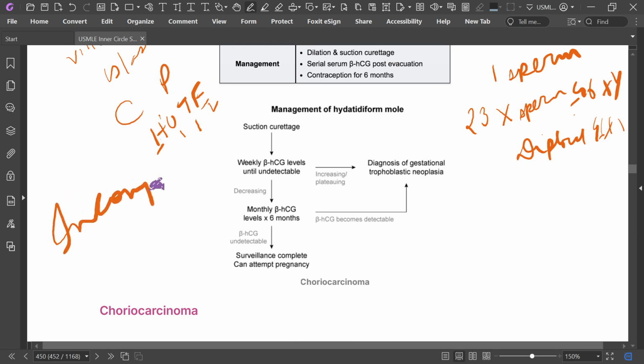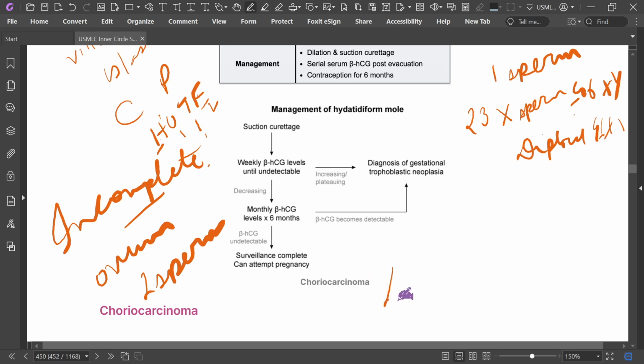What happens in an incomplete mole? The majority of incomplete or partial moles result from a normal ovum fertilized with two sperm, or rarely a normal ovum fertilized with a diploid sperm.